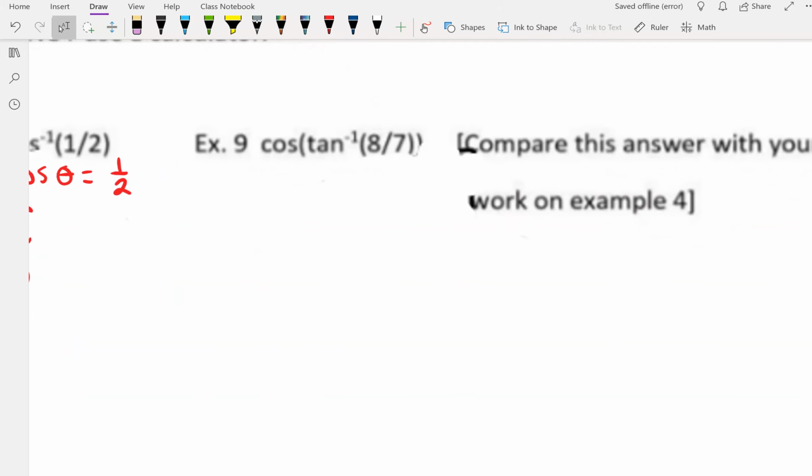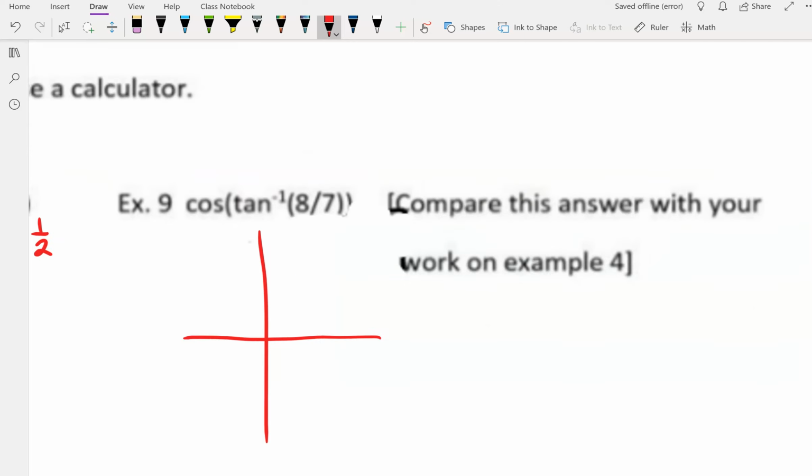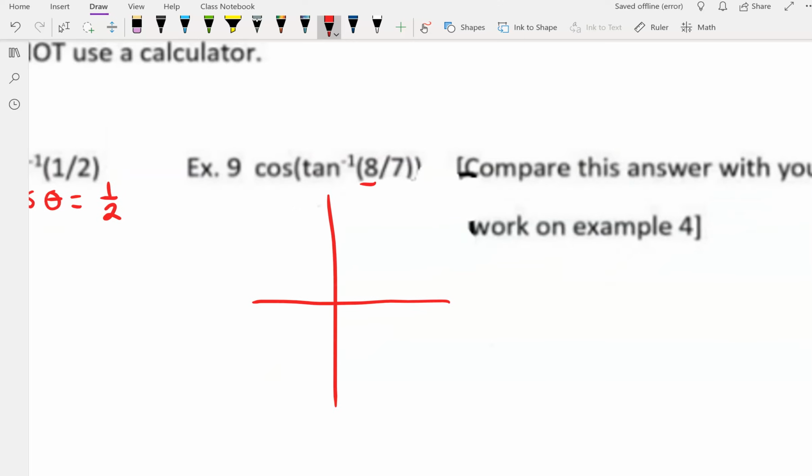All right, and then the next one, we're going to always start on the inside. It's a little more challenging, so we're going to want to draw a picture, just like we did earlier today. And I'm going to draw a triangle, and these are both positive, 8 and 7, so it's going to be in the first quadrant.